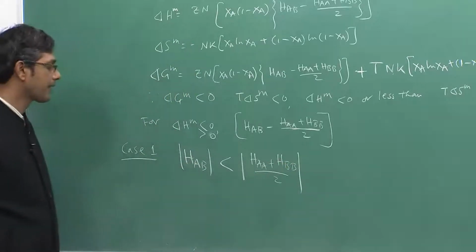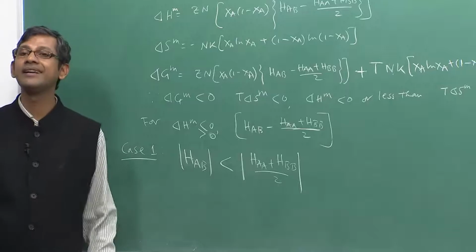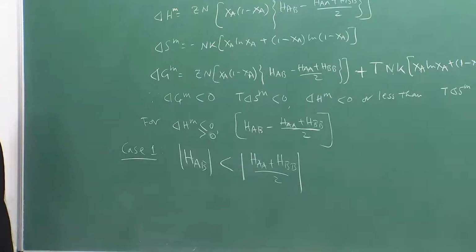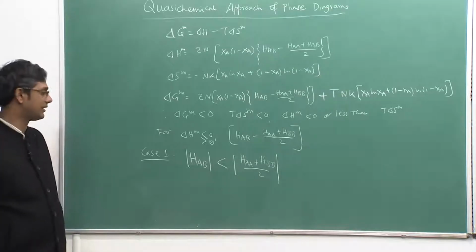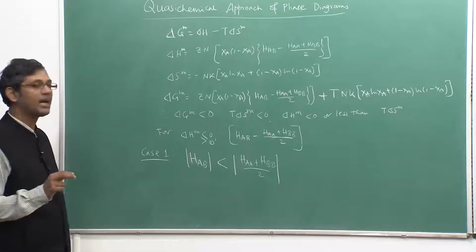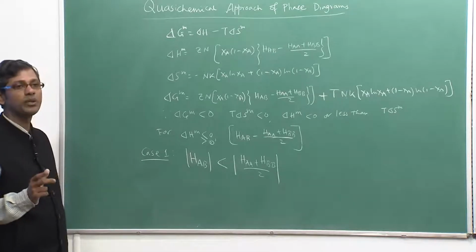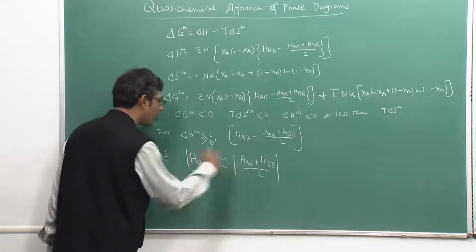I put mod because normally bond energies are negative, or in the chemistry literature bond energies are considered to be negative. So if a bond is formed between A and B atoms, the energy of the bond is always treated as negative. That is why I have used mod values.